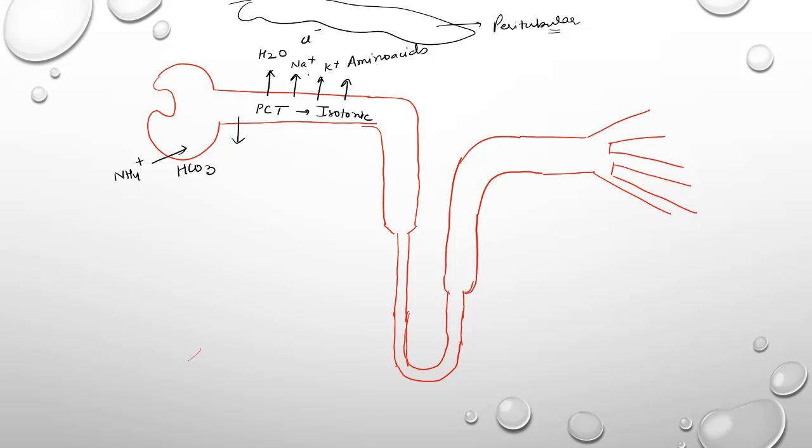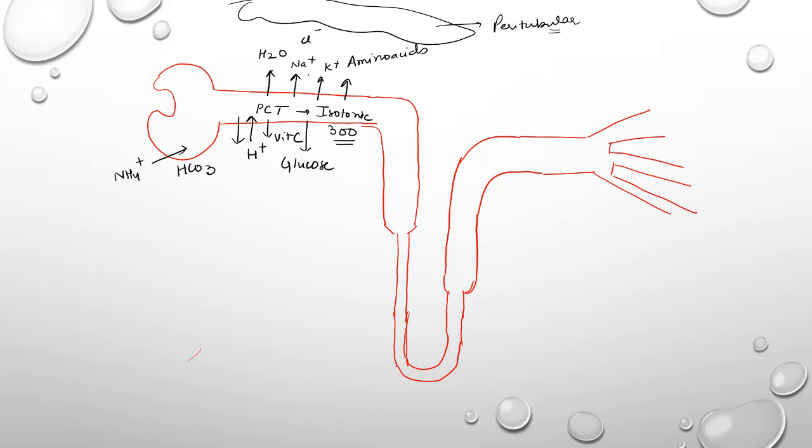H+ is given out into the luminal filtrate, in the lumen. Vitamin C is reabsorbed, glucose is reabsorbed. So the osmolarity of the urinary filtrate is 300 osmoles per liter.